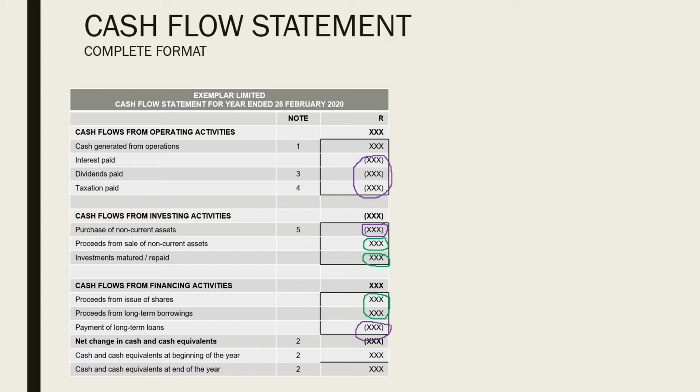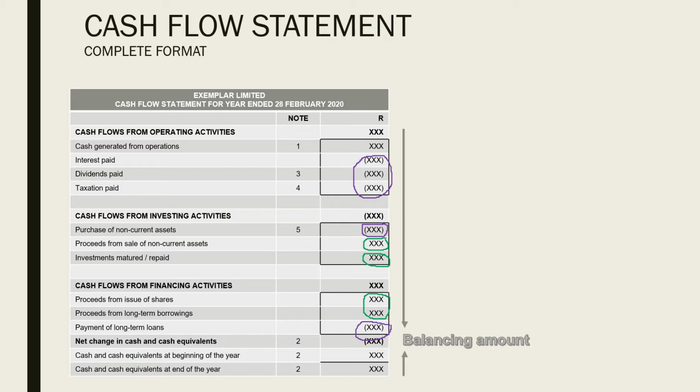When we calculate then the net change in cash and cash equivalents, you will see this is going to be your balancing amount. So that will be the missing figure that you are going to be calculating. You're going to work from the top down: cash flows from operating activities plus the cash flows from investing activities plus the cash flows from financing activities. Or you can work from the bottom up.